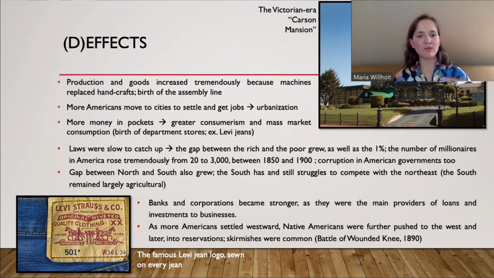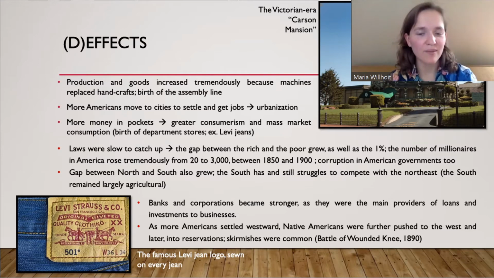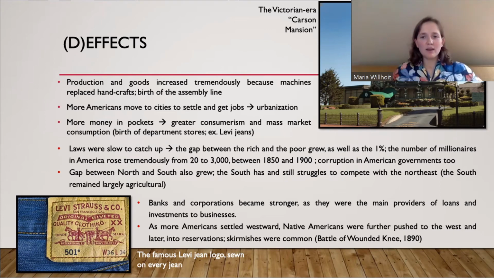We had the birth of department stores, big stores where you could go shopping. And you have also the birth of the Levi jean. This is the famous jean from America. It was invented during this time period because a lot of factory workers needed clothing, especially pants that were durable. They were cheap.